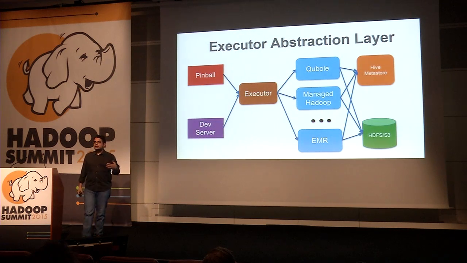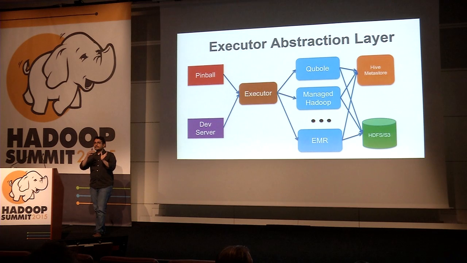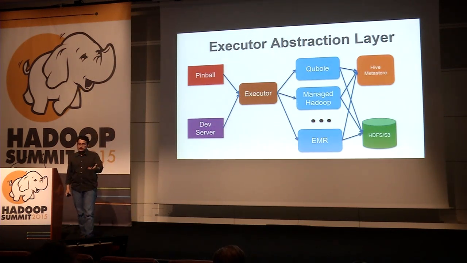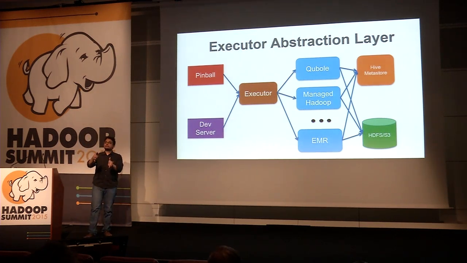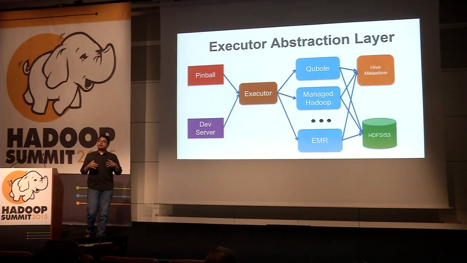So we created an abstraction layer that kept the service provider's functionality, which we call the executor. We wrote an EMR executor that encapsulated this functionality, which insulated our application code from whatever Hadoop service provider we were using.